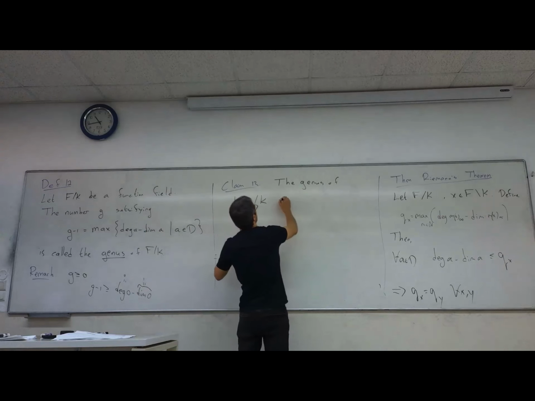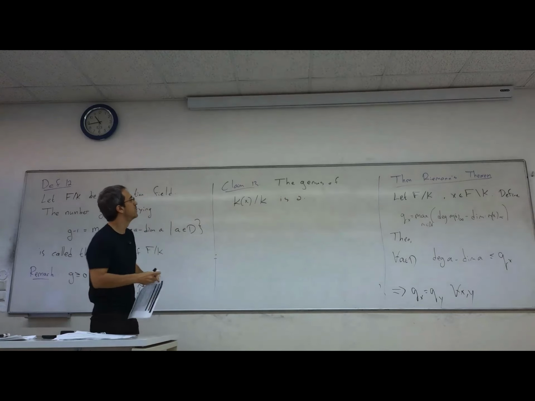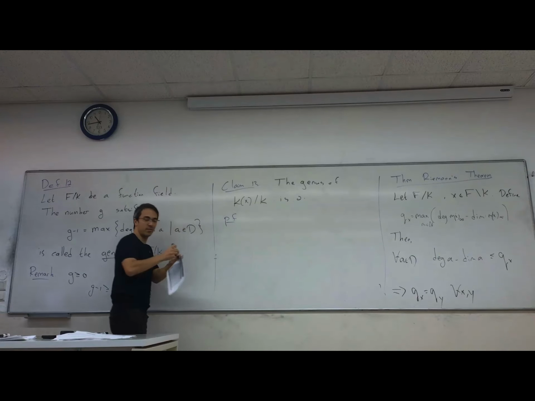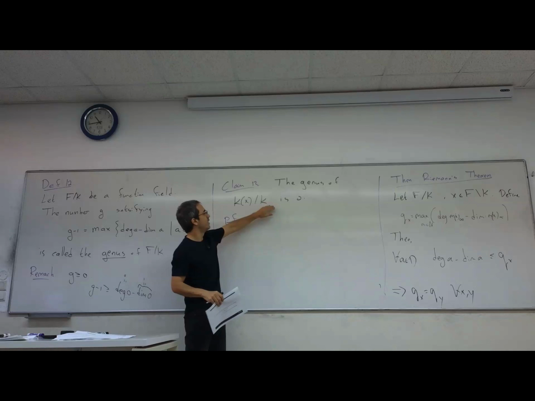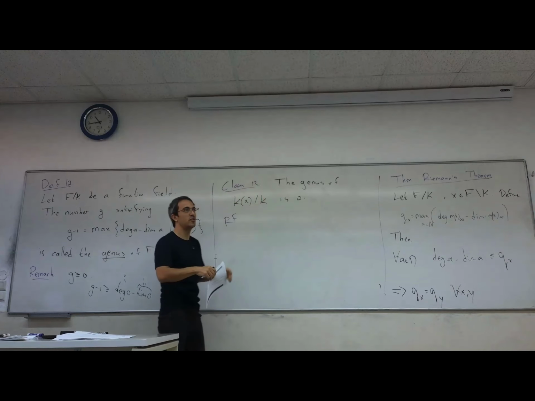So this thing is 0. It's almost the only function field with genus 0. We'll talk about it in the recitations, but essentially, apart from weird cases, function fields don't have genus 0. They have higher genera.